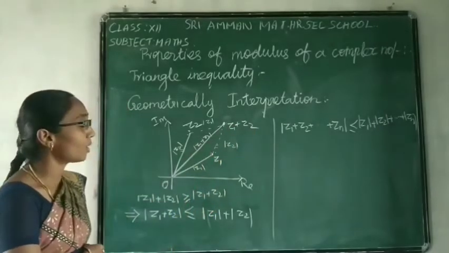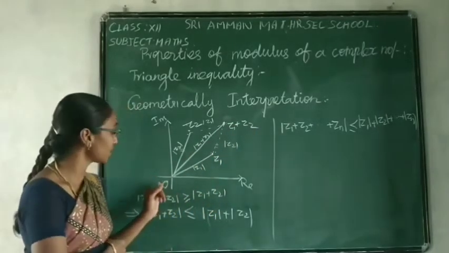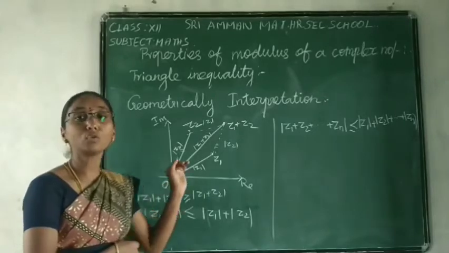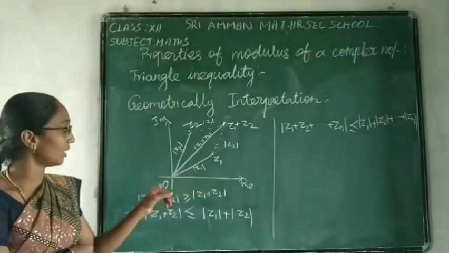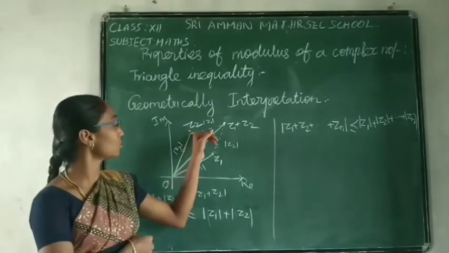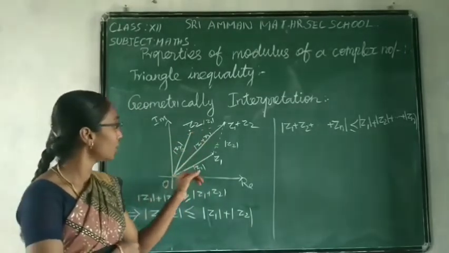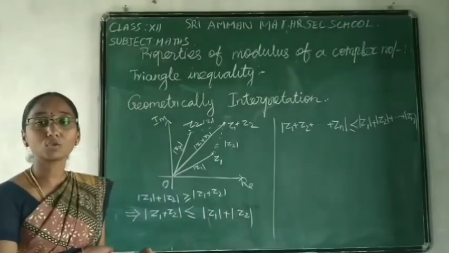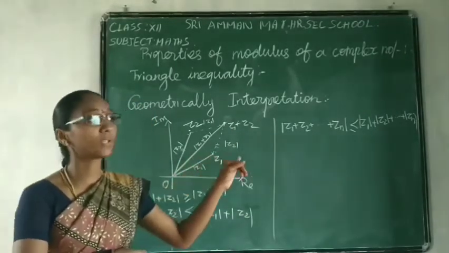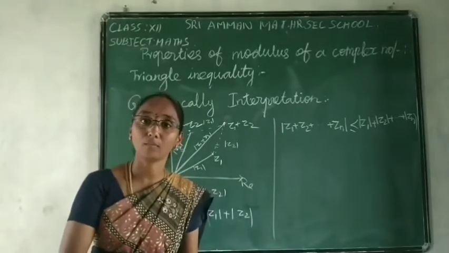Okay. So the distance from the origin to Z1 is modulus of Z1, the distance from origin to Z2 is modulus of Z2, and the distance from origin to Z1 plus Z2 is modulus of Z1 plus Z2. Distance and length are the same.